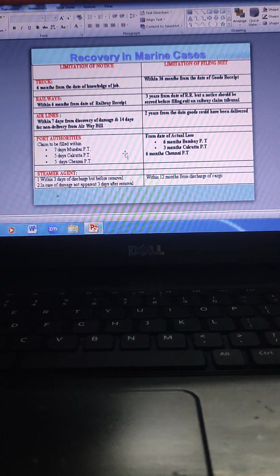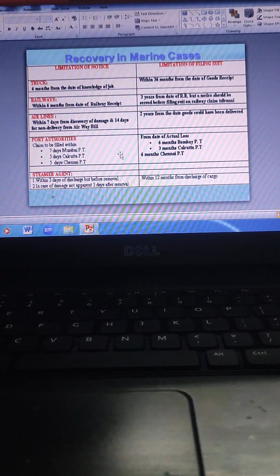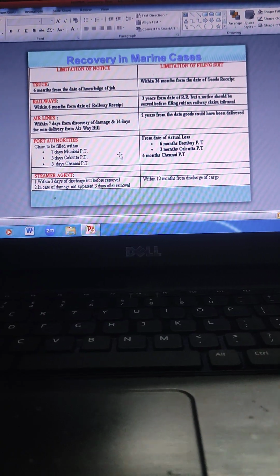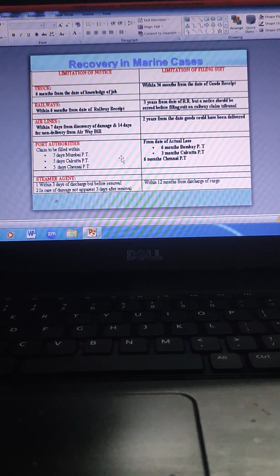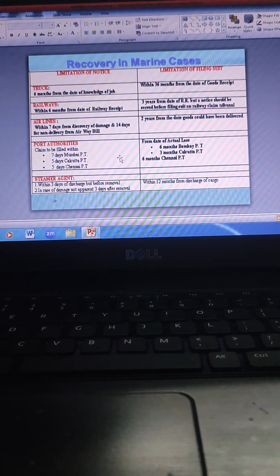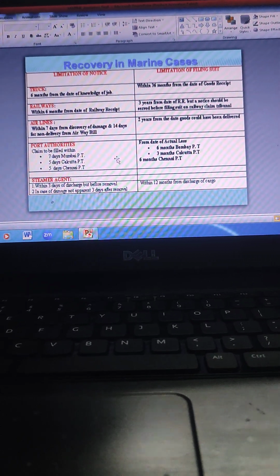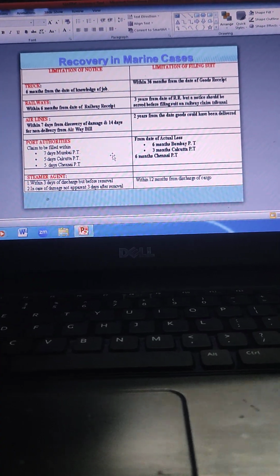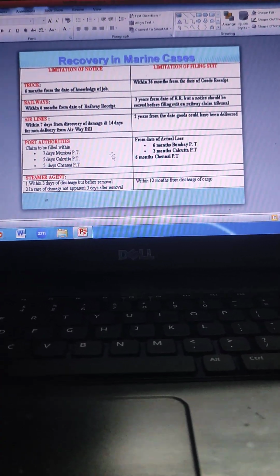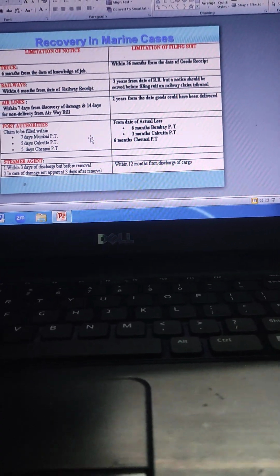Port authorities, claims to be filed within 3 days. Mumbai Port Trust, 5 days. Calcutta Port Trust, and 5 days Chennai. Steamer agents within 3 days of discharge but before removal. And in case of damage not apparent, 3 days after removal. Limitations of filing suit are again different for all purposes.